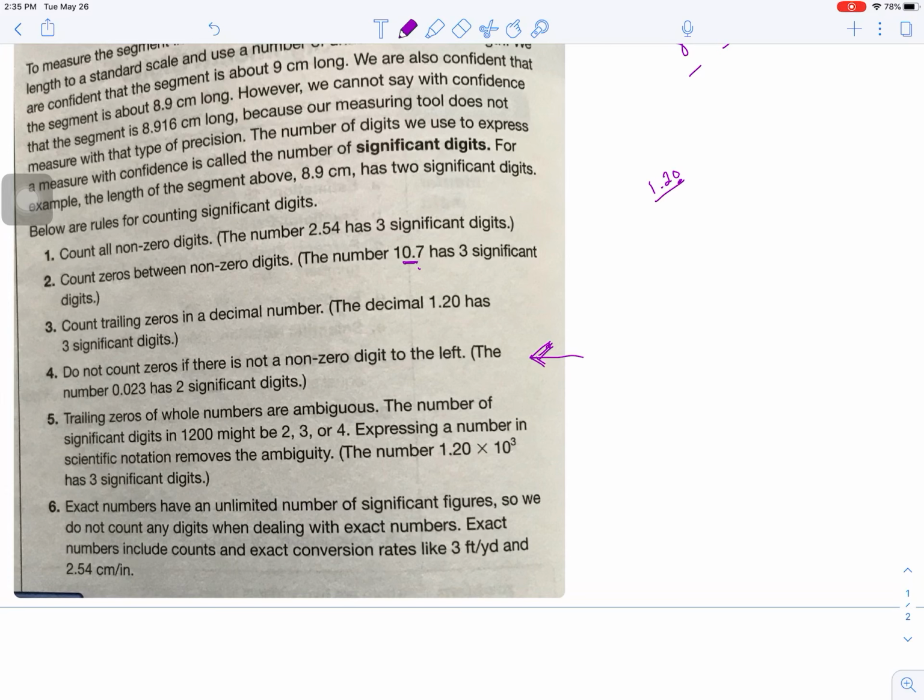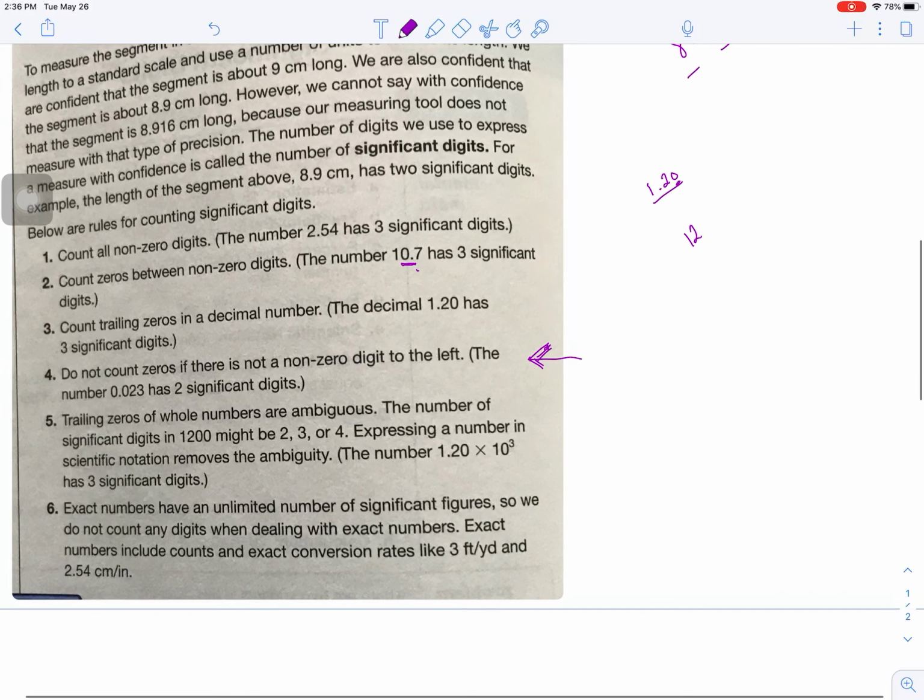Trailing zeros of whole numbers are ambiguous. The number of significant digits in 1200 may be 2, 3, or 4. And the reason why we've said it's 1200, right? But it could be that we know it's roughly 1200. It could be slightly less than 1200. It could be slightly more than 1200, but they wrote 1200 in order to give it a place.